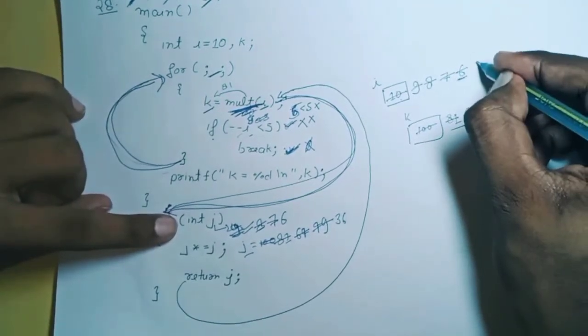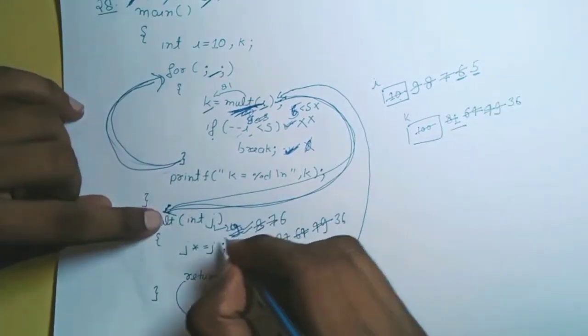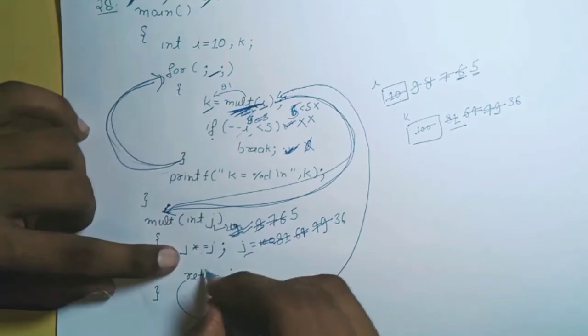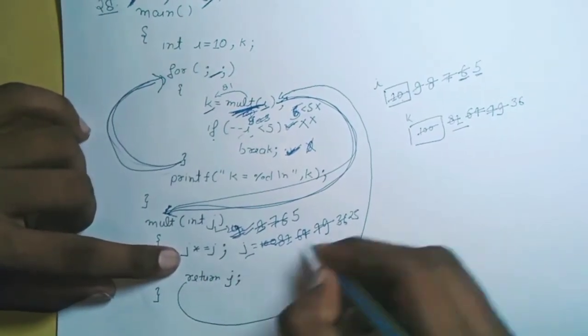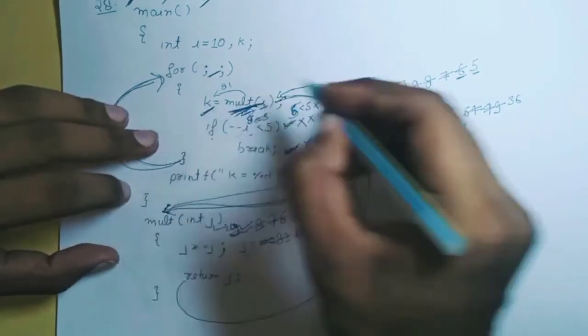The value of I is reduced by 1, so now it is 5, and the value of j is also 5. The square of 5 is 25, and the value 25 is returned by this function and stored in the variable k.